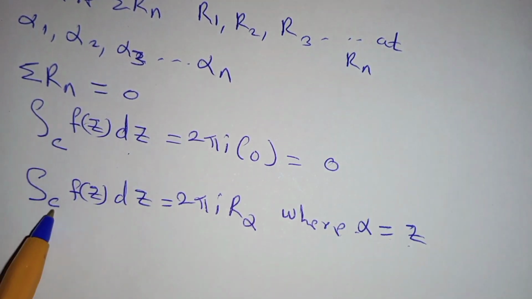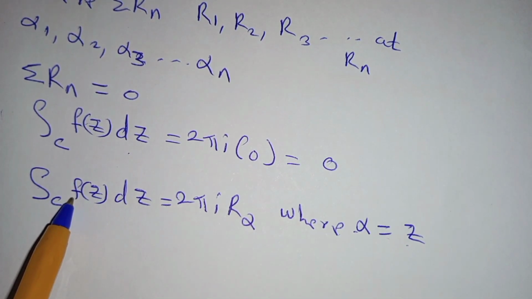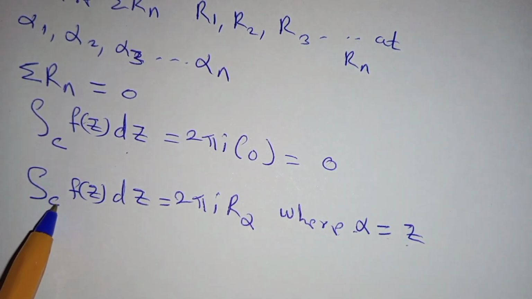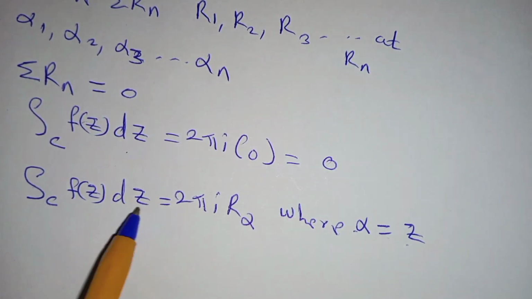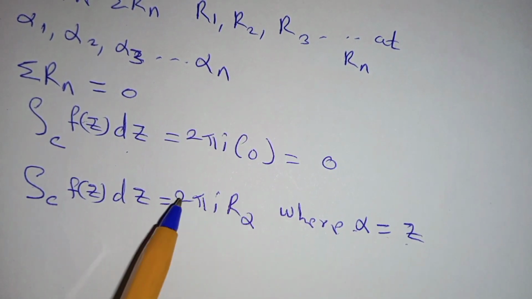In this case, the function f of z is bounded by a simple closed curve contour boundary C, except that the pole z is equal to alpha is inside the circle.